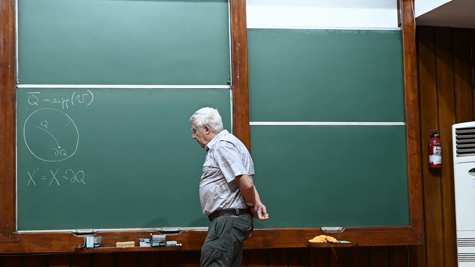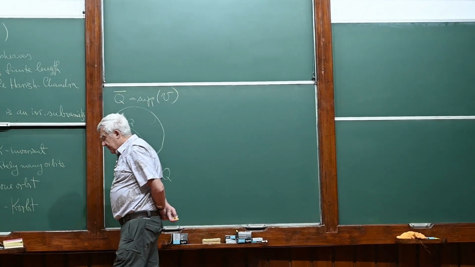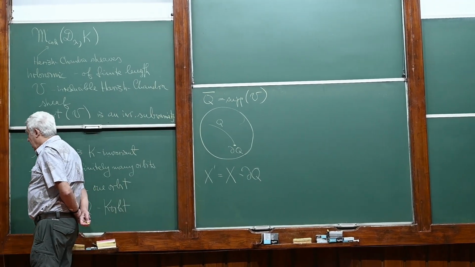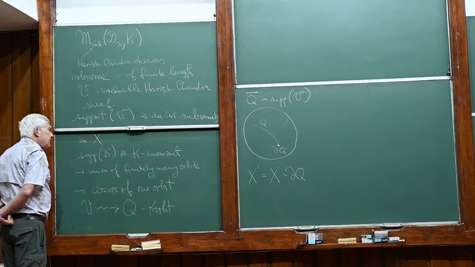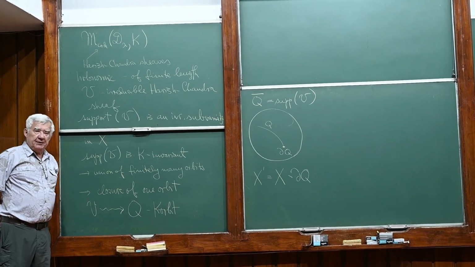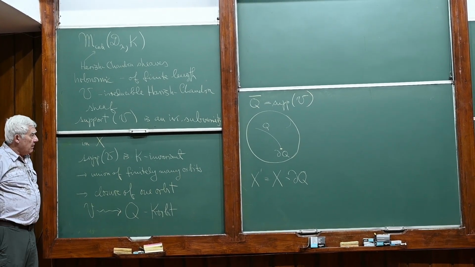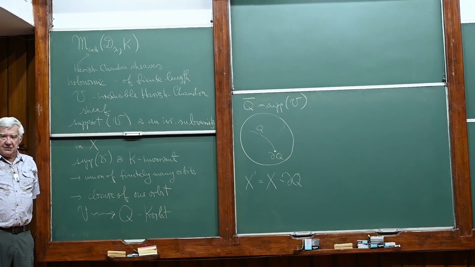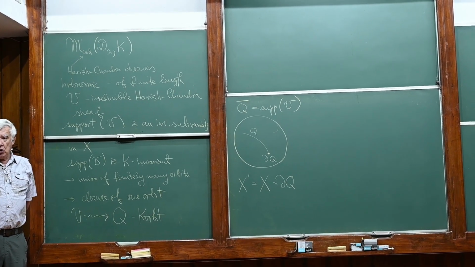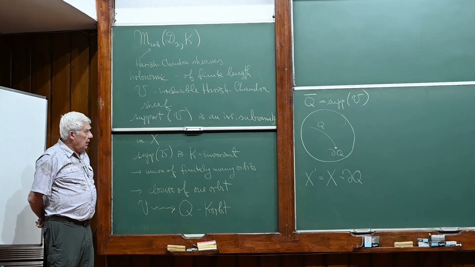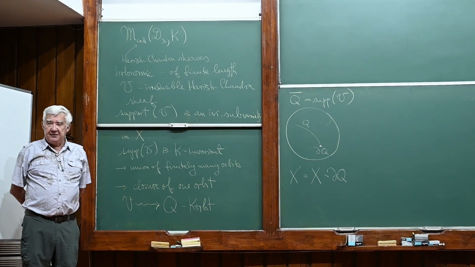The first remark is that if I have an irreducible D-module, then its restriction to an open set is either 0 or it stays irreducible.